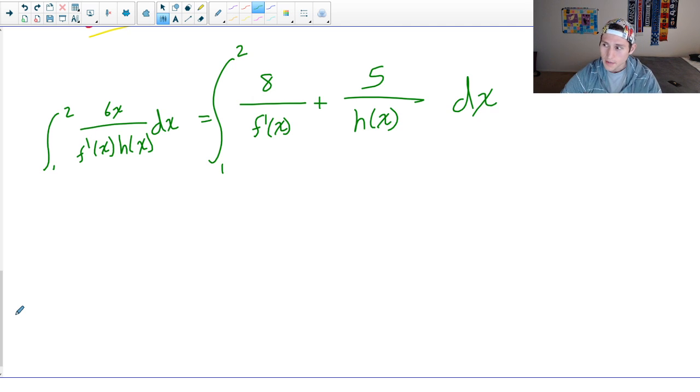All right, now since I have to take the integral, let me actually go through and plug in. The other thing I'm going to do is, because we know one of the rules of integration is if I have an integral of something plus something, I can split that up into individual integrals.